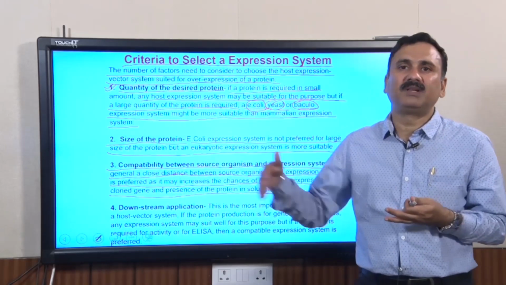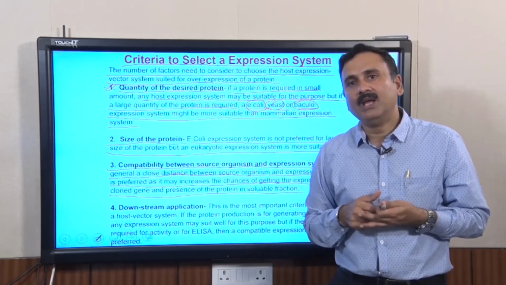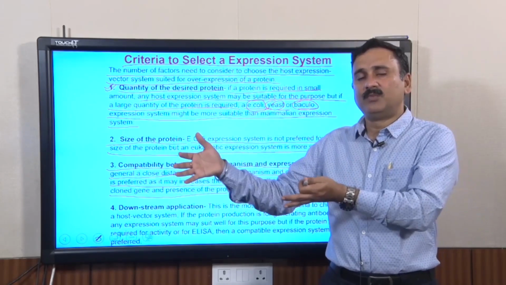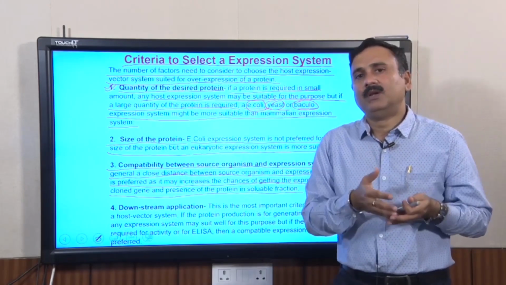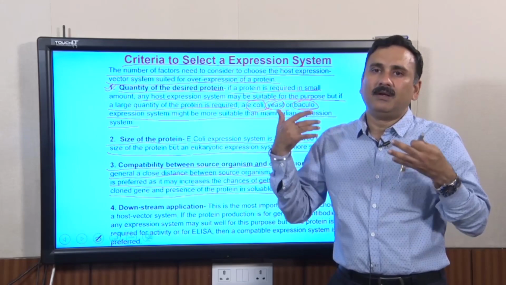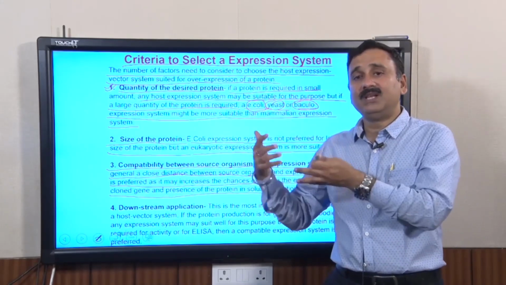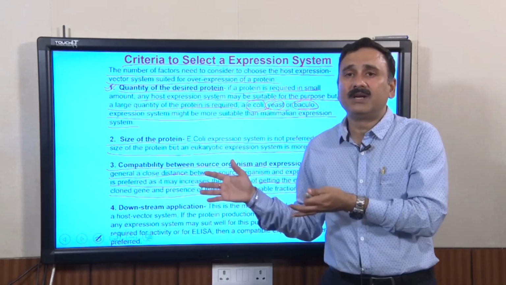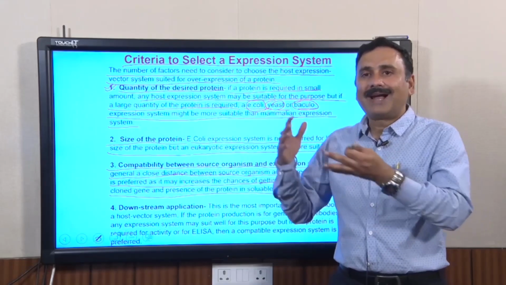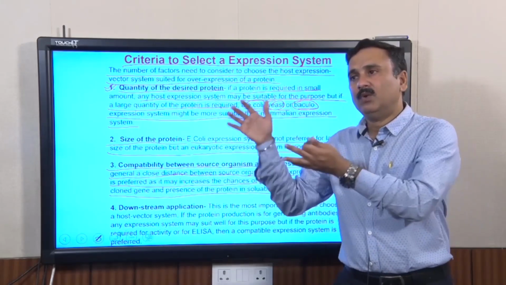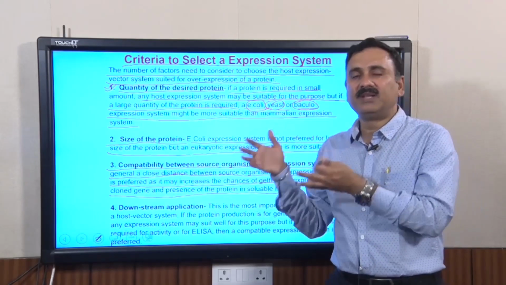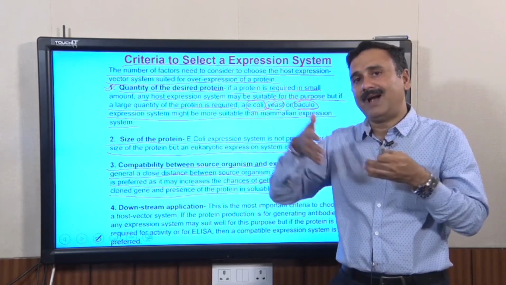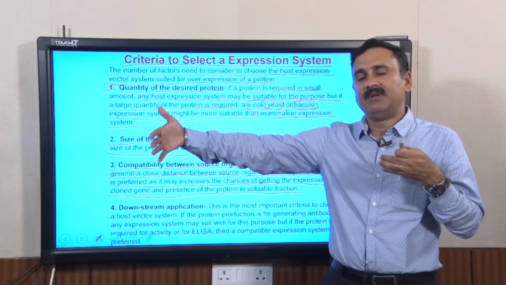Or suppose you want to overexpress a protein from Streptococcus pneumoniae or Mycobacterium tuberculosis. Mycobacterium tuberculosis is very close to E. coli, so you can use the gene from Mycobacterium to produce the protein in E. coli. But suppose you want to overexpress actin from the rabbit, then you might face difficulties in overexpressing this kind of protein in the E. coli expression system, because the distance between a bacterium and a mammalian organism is very large.